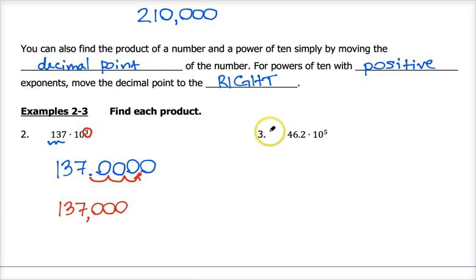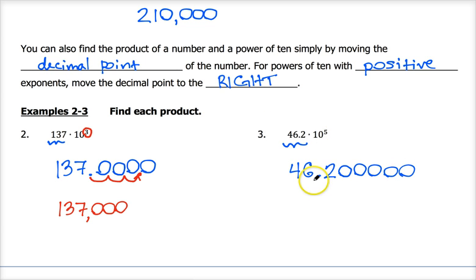I'm going to do the same thing for number 3. Number 3, I have 46.2 times 10 to the fifth power. 46.2 is already a decimal, so I just need to take the decimal point on 46.2 and move it to the right. What comes after the 2 in the tenths spot on this decimal? Well, that's just going to be more zeros.